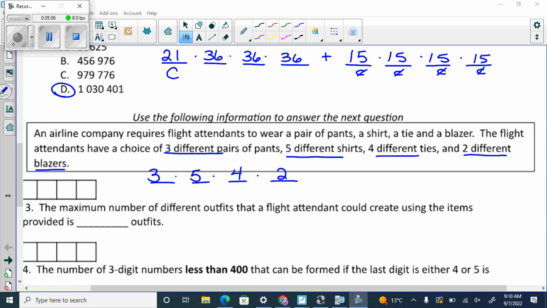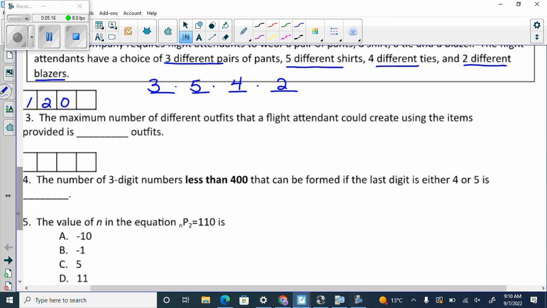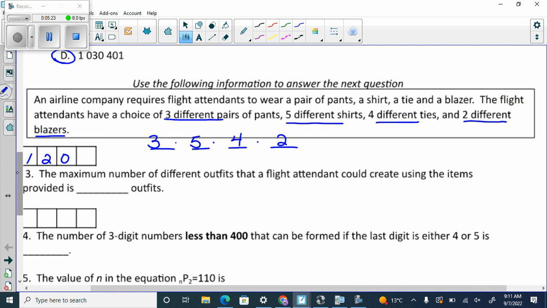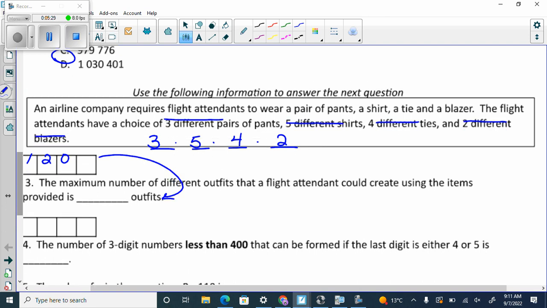Sorry, carry on. What did you get for an answer? I agree. The maximum number of outputs. Why do I have two boxes? I think these got bumped. I don't know what's going on with my print.